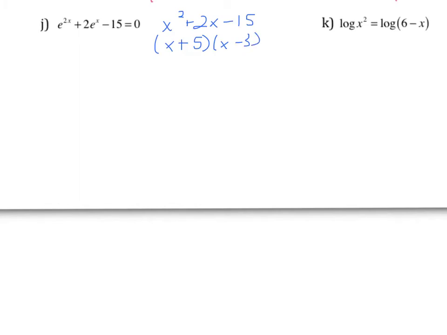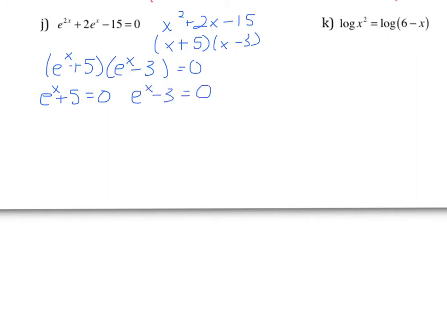So to factor J, we're going to factor with an e to the x plus 5 times an e to the x minus 3, and then take both of those factors and set it equal to 0. So e to the x plus 5 equals 0, and e to the x minus 3 equals 0. So e to the x will equal a negative 5, or e to the x will equal 3.